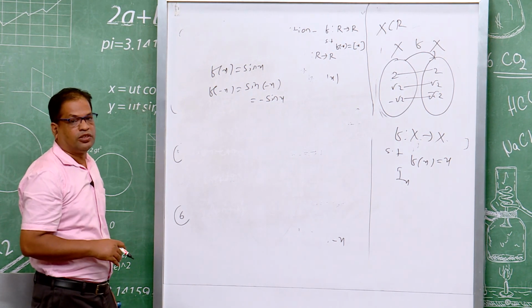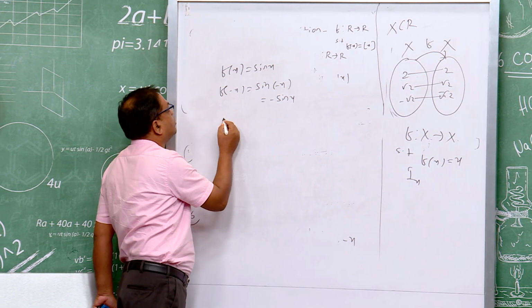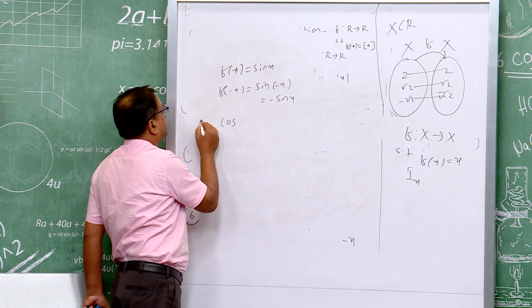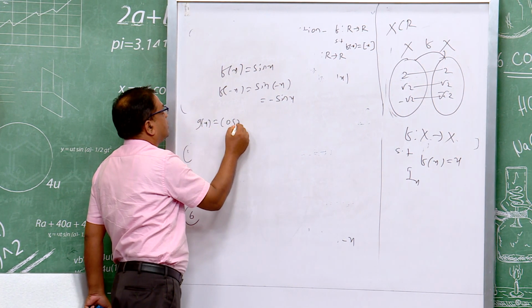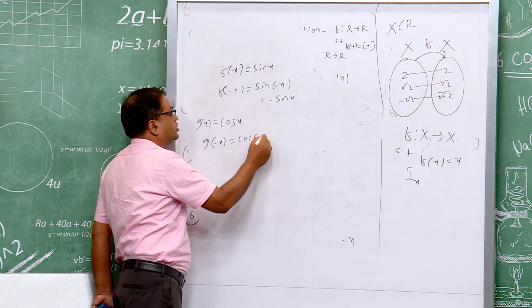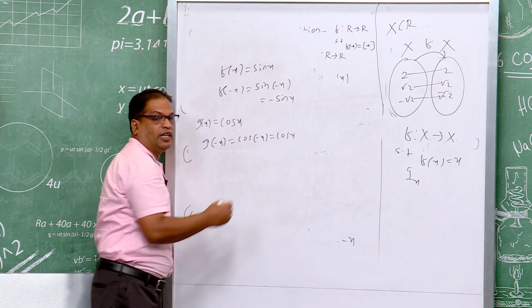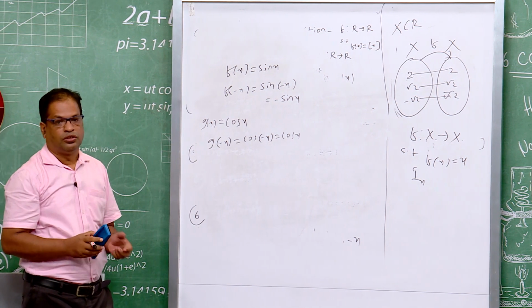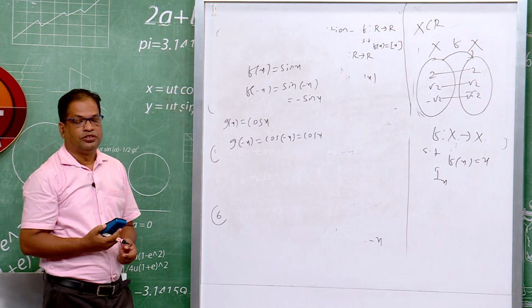Similarly, you can test for others. Suppose g(x) is equal to cos x. So g(minus x) is equal to cos of minus x, and you know that cos of minus x is equal to cos x. So these are even functions.